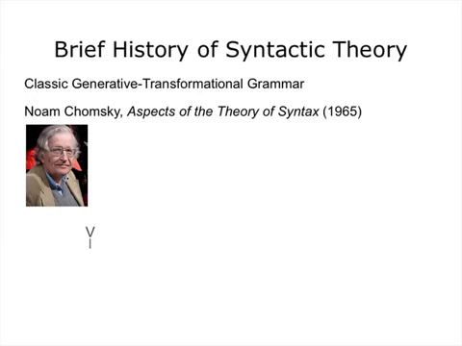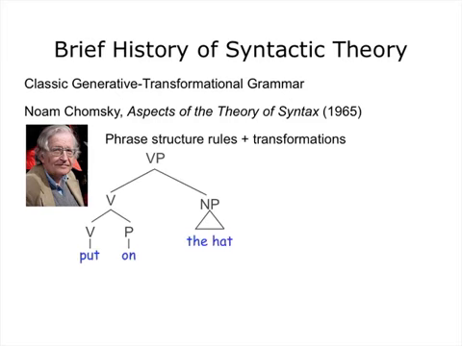But that was what propelled the theory of phonology along. And he was there with lots of other folks working on syntax as well. So they were doing both things. And they called it generative transformational grammar.